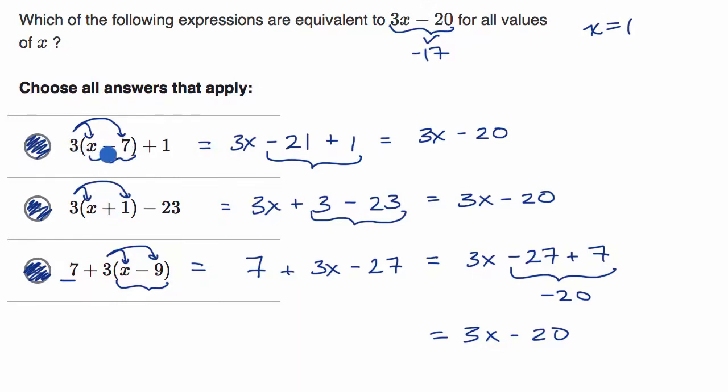And then 3 times negative 6 is negative 18, plus 1 would be negative 17. So that would actually look pretty good for just the case of x equals 1. But once again, that wouldn't necessarily make you feel good for all x's. And you would be able to do the same thing with choice B and C, and you would get back to negative 17. But once again, this method is not as robust as just being able to algebraically manipulate these choices and see if you can make them equivalent to 3x minus 20.